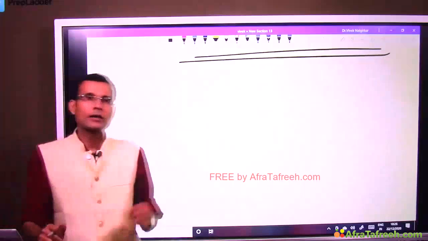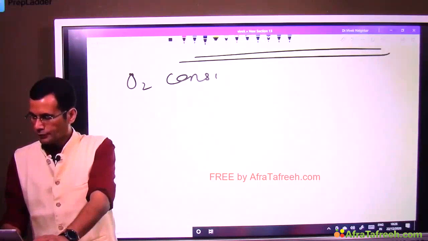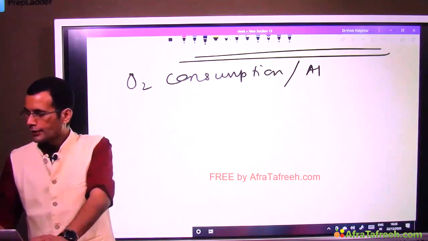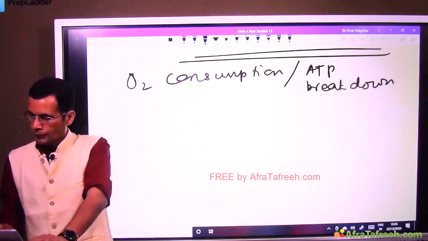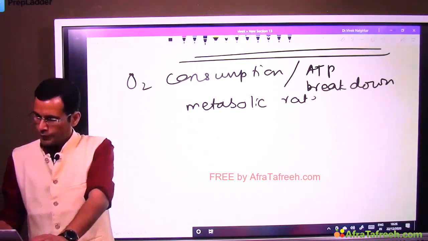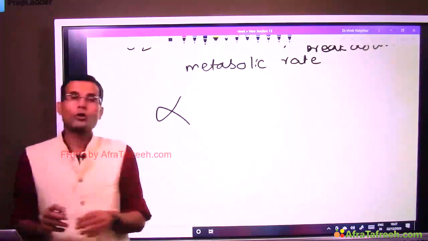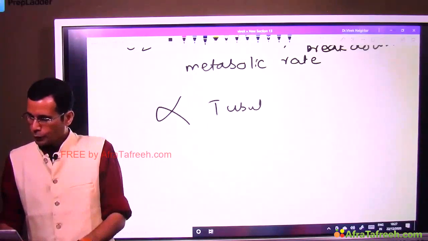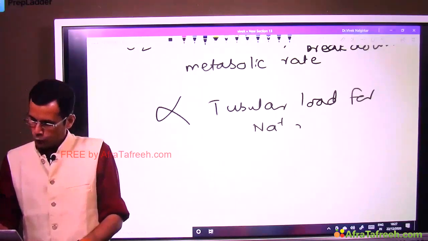Okay, note this point that the oxygen consumption in the kidney, or let's say ATP breakdown or metabolic rate in the kidney, is directly linked to, or directly proportional to, the tubular load for sodium reabsorption.